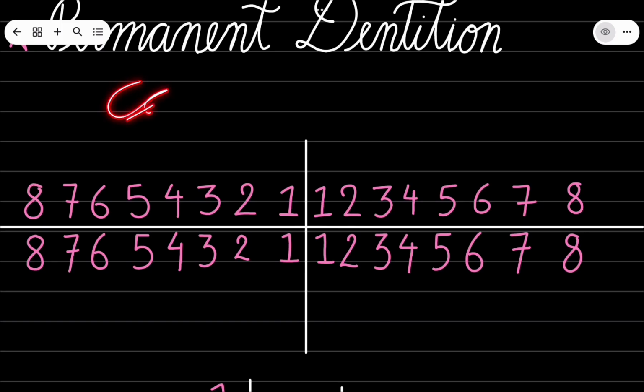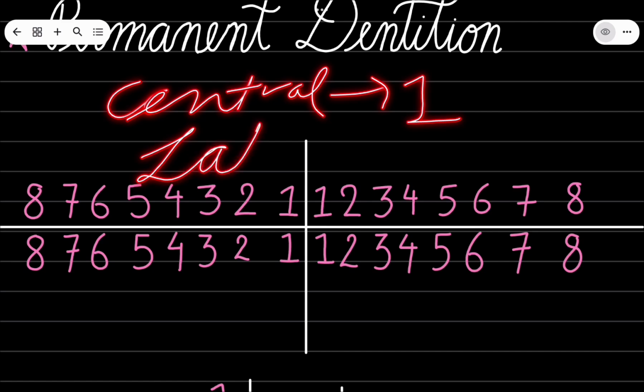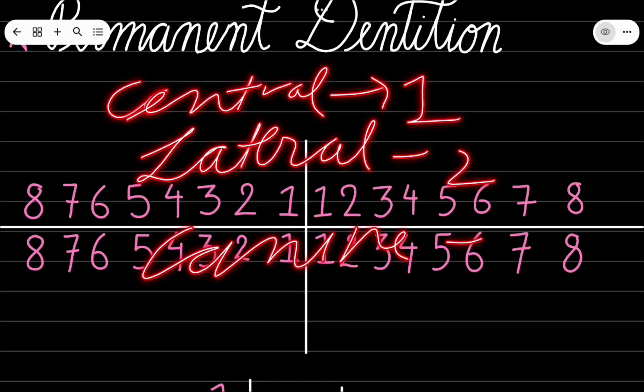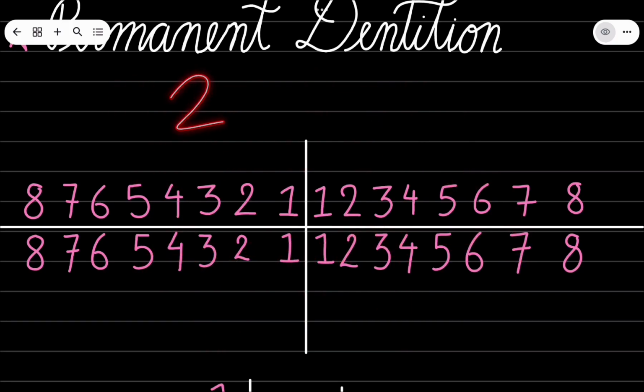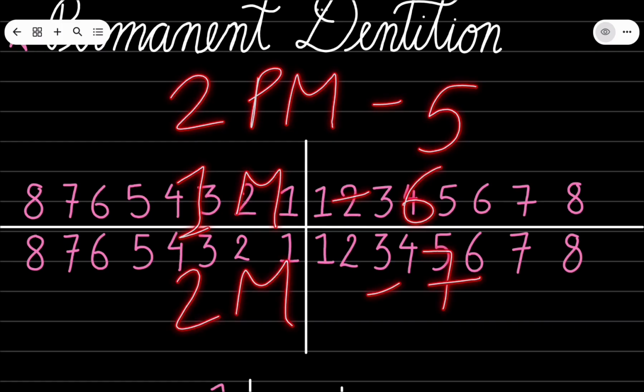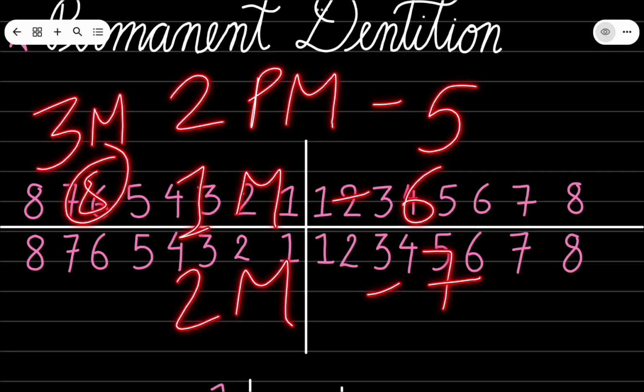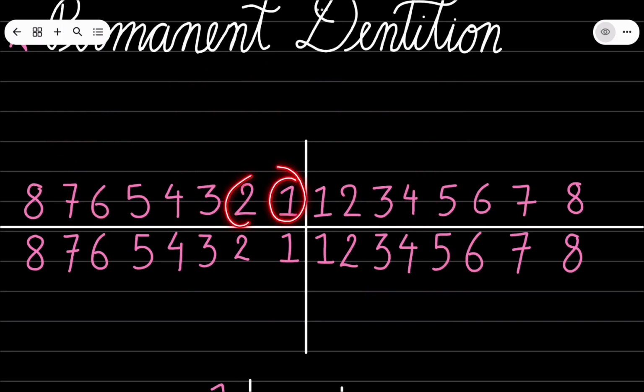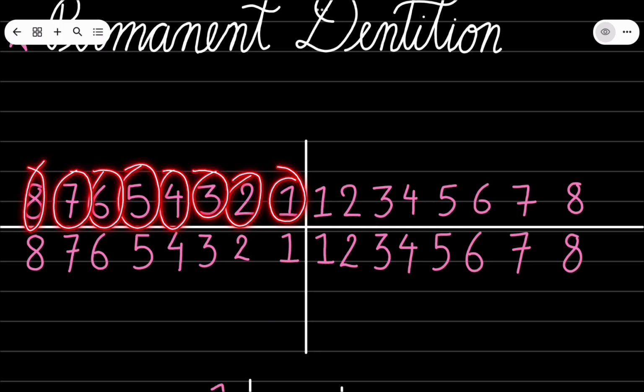The central incisor is given the number 1, the lateral is given number 2, canine is given 3, the first premolar is given 4, the second premolar is given 5, the first molar is given 6, the second molar is given 7, and the third molar is given the number 8.